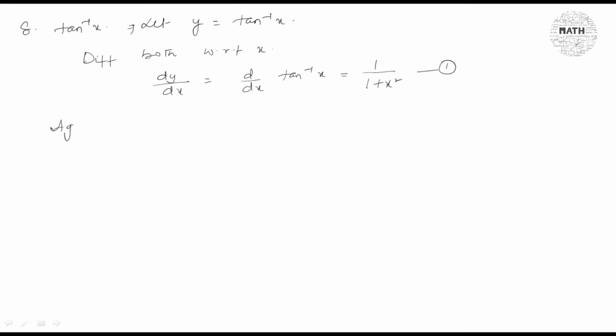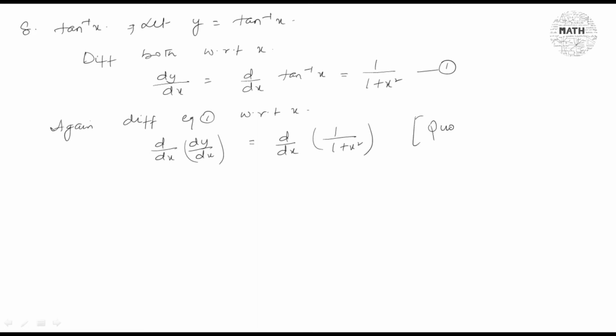So again, differentiating equation 1 with respect to x, I'll get here d by dx of dy by dx equal to d by dx of 1 divided by 1 plus x squared. Again, the same thing, I have to use nothing more than your quotient rule.